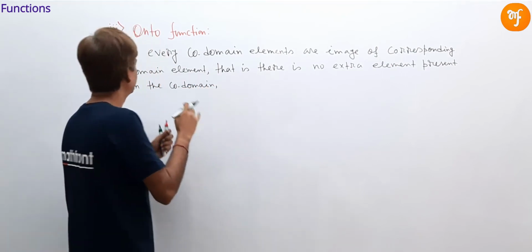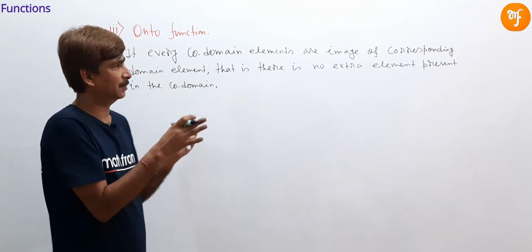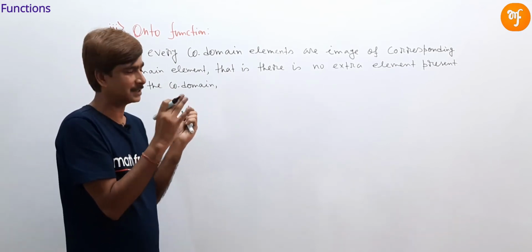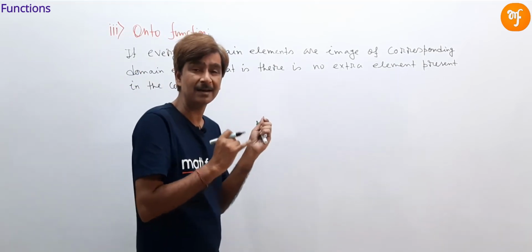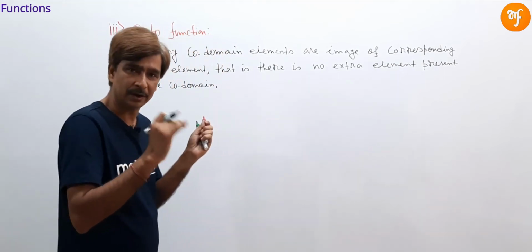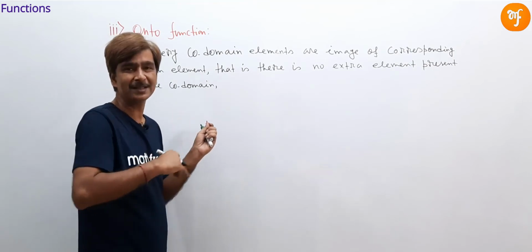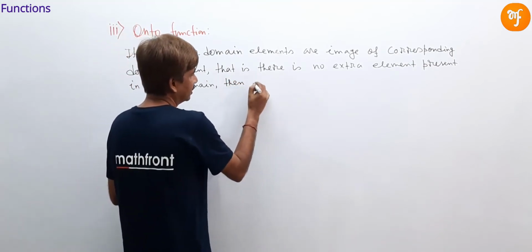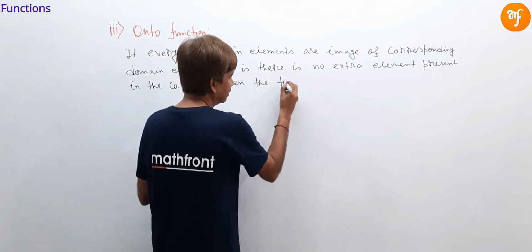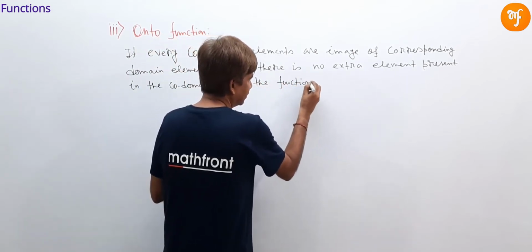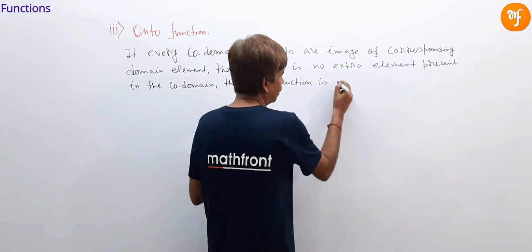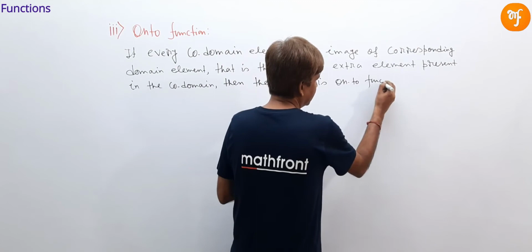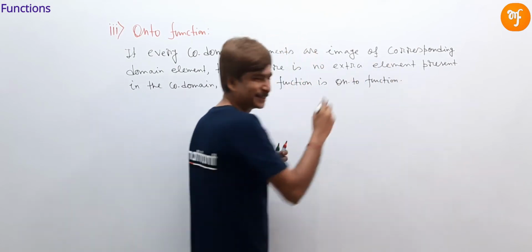Okay, so if every codomain element is the image of a corresponding domain element, that is there is no extra element present in the codomain, okay, then the function is known as an onto function, or it is known as a bijective function, is it not?